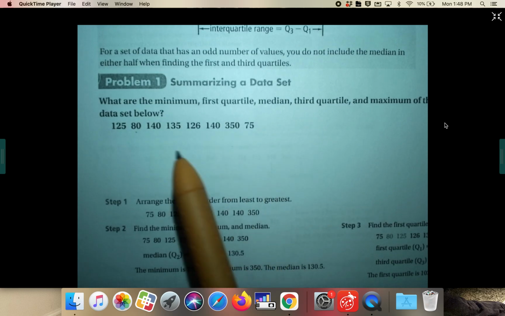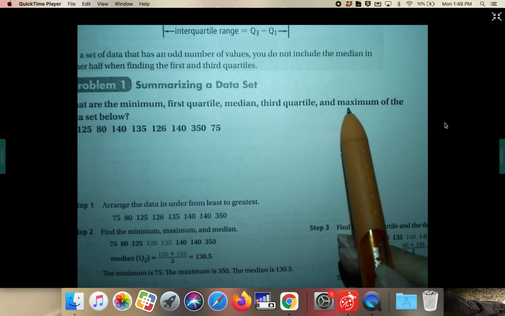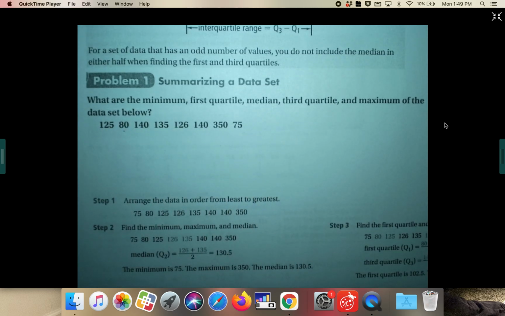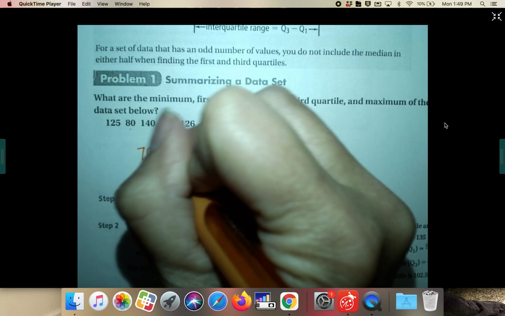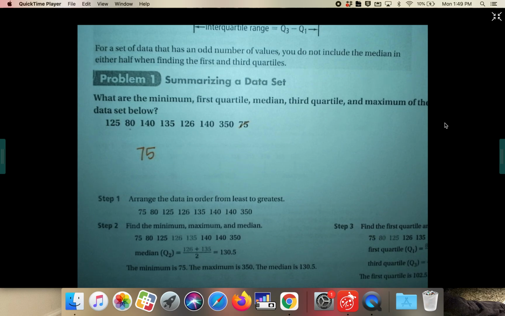Okay, so what is the minimum, the first quartile, the median, the third quartile, and the maximum of this set of data? So the most important thing that you would do first is put them in order from smallest to largest. And I like to cross them off as I go because otherwise I totally forget what some of the numbers are that I have or haven't used yet. So let's put these in order. So 75, and then I see an 80.